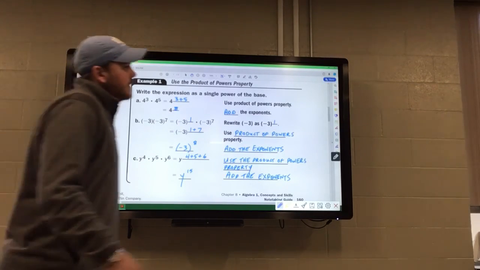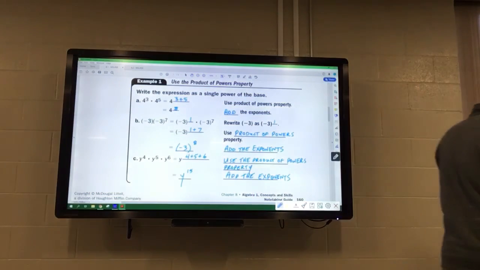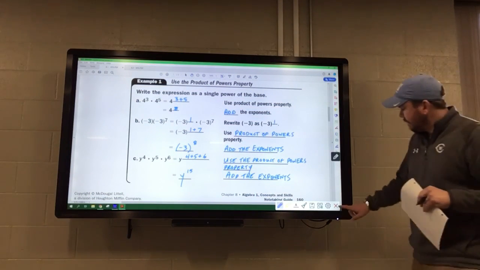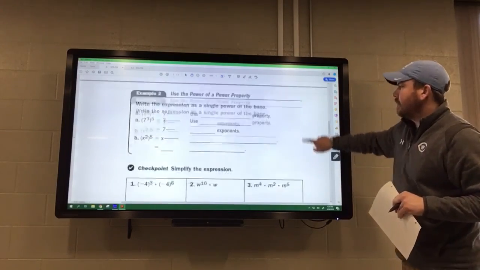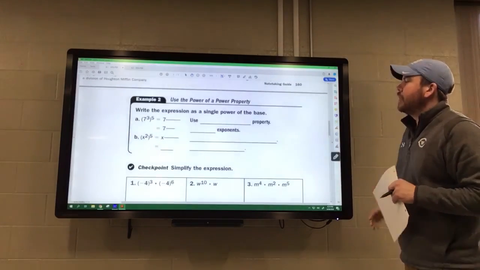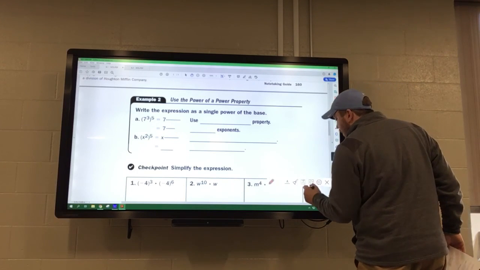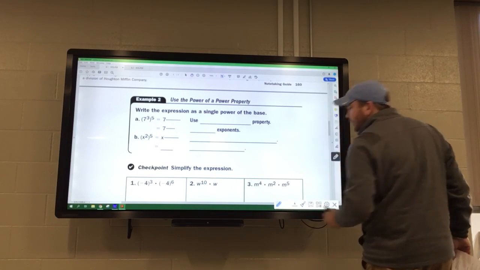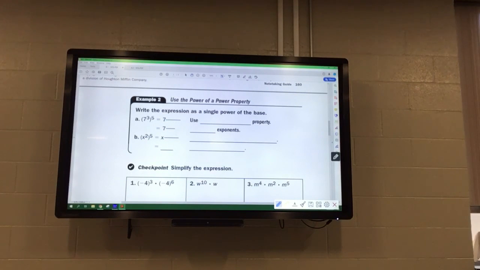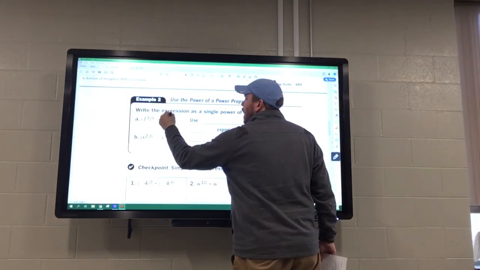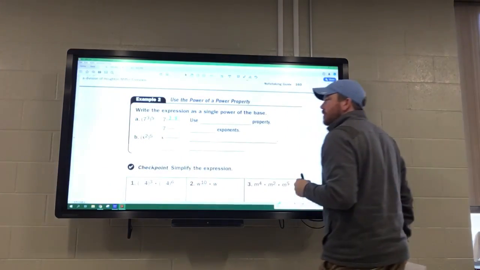Next, let's move on to our next property, the power of a power property. So example 2, we want to write the expression as a single power of the base. Same thing we did in the last example. Here we have 7 to the 3rd raised to the 5th power. When I raise a power to another power, I multiply the exponents.